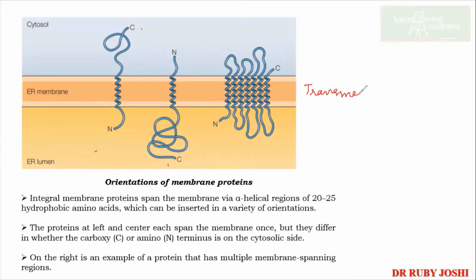What is the difference over here? We see that in the transmembrane proteins, the translocon has to push the alpha helices many times. How many are there here? 1, 2, 3, 4, 5, 6, 7. So around 7 are there. So 7 times it is going to push into the hydrophobic region so that the protein gets inserted. Okay. I hope everyone is able to follow.